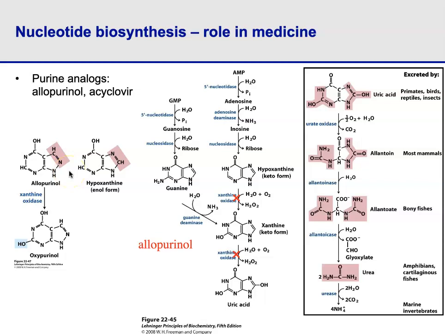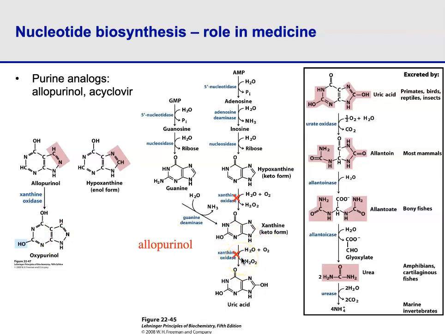It's a very small difference, but with major consequences, because allopurinol mimics hypoxanthine and binds xanthine oxidase, and it becomes oxopurinol. And once it becomes oxopurinol, the binding of oxopurinol to xanthine oxidase is much tighter, and it basically locks it.